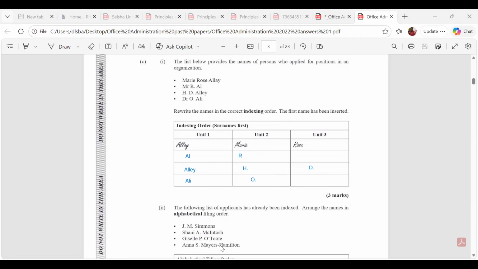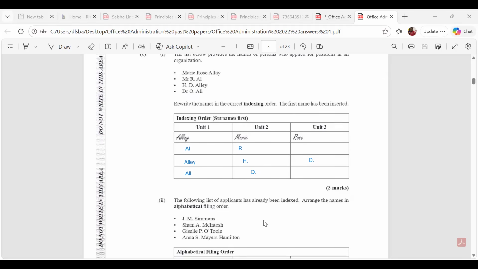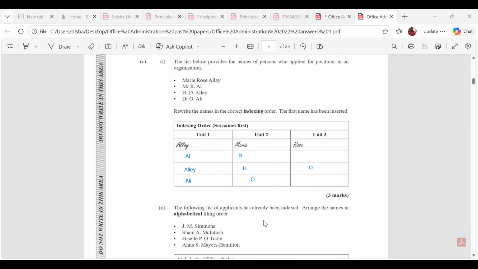Actually, no, Anna will still be first, because Myers, M, comes before O and S. We might have two M's, Macintosh and Myers, and A comes before C. So Myers would indeed be first.